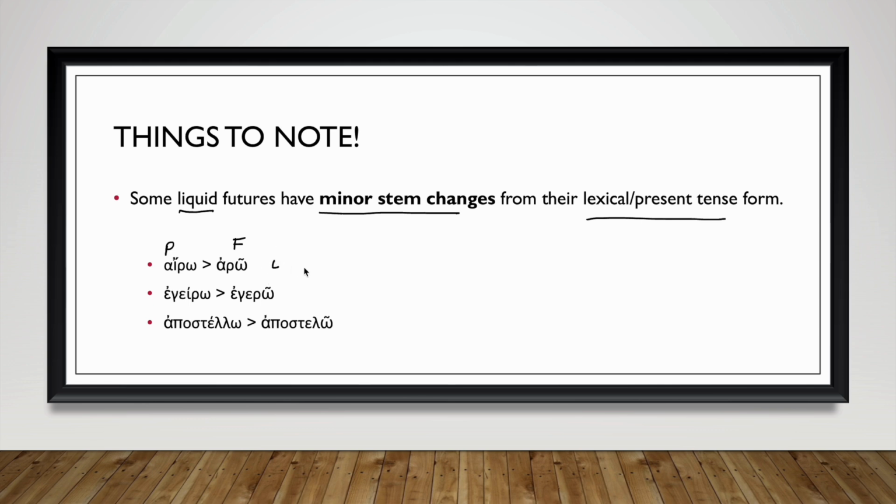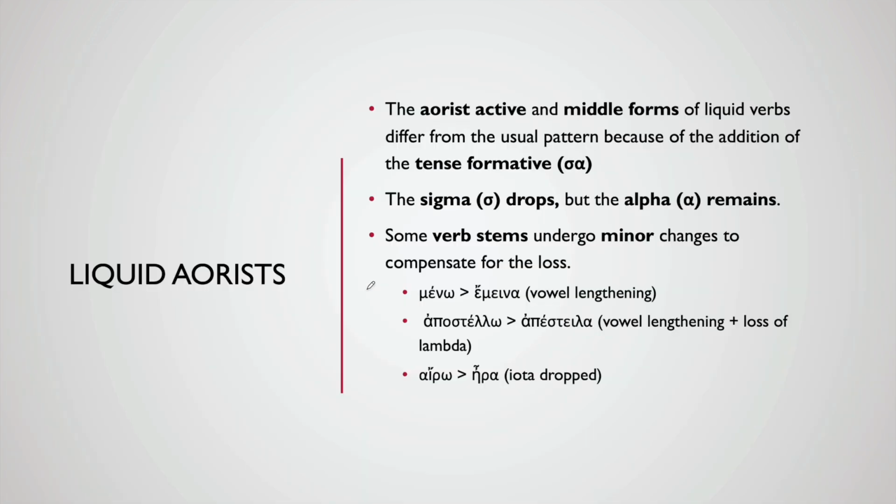This iota dropped. What happened? Airo with aro, egeiro with egero, the iota dropped out. And here, apostello versus apostelo, the lambda dropped off. So you see letters drop off. That's what's happening here. Now let's deal with liquid aorists.